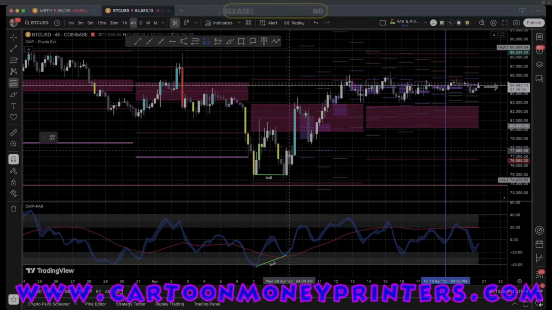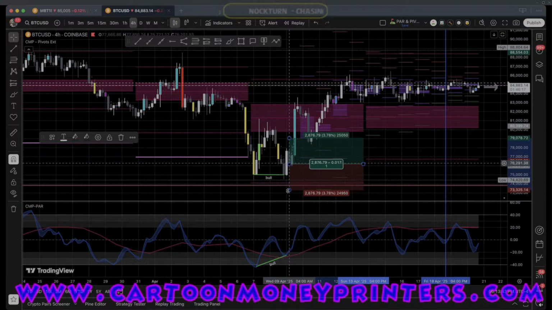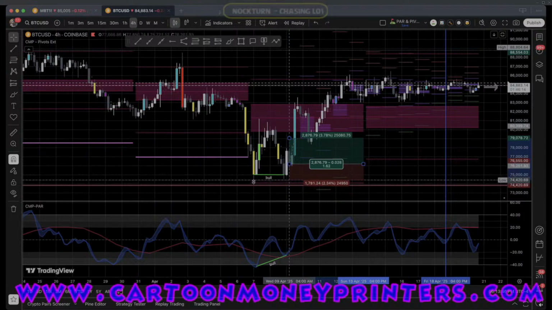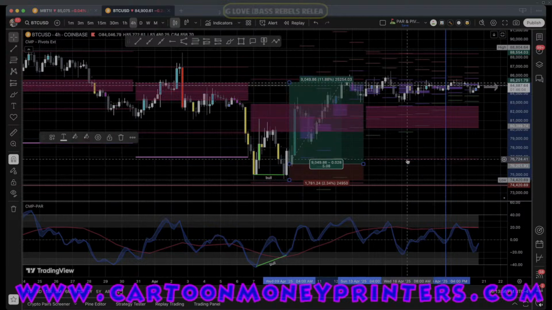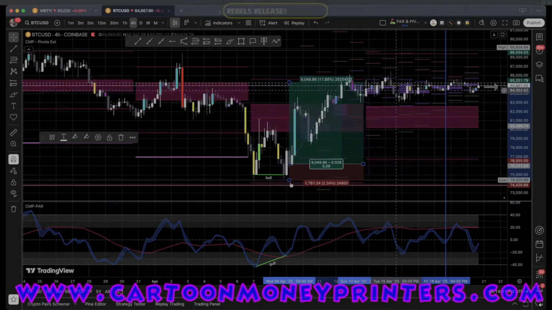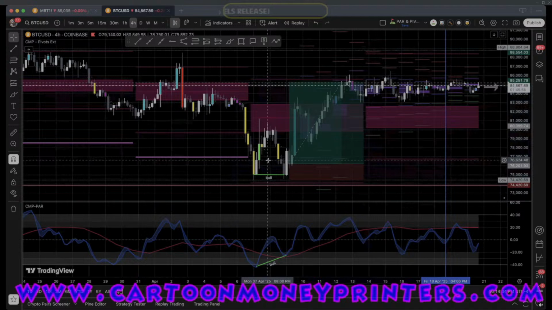Or if you had waited for the par to really look good, it would have looked good at the close of this candle or this candle, which would have given you some great risk reward on this whole situation. Back up to this level, we're looking at a 1 to 5-ish risk reward. By the time you get any trade to 1 to 5 risk reward, you should be almost completely out of that trade. So at this level, here's what I think happened.